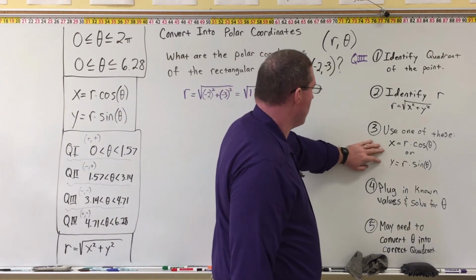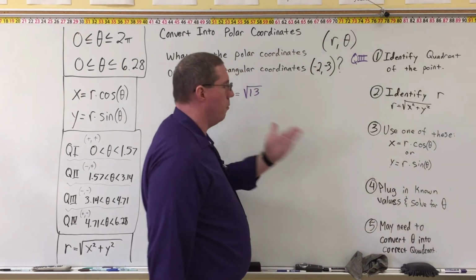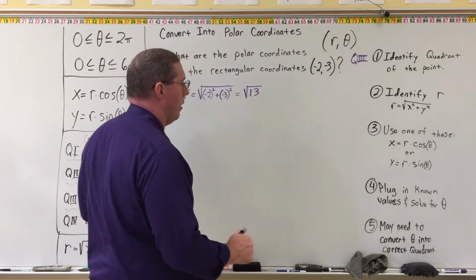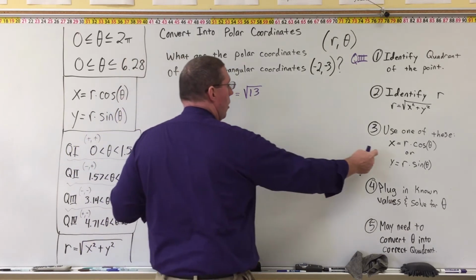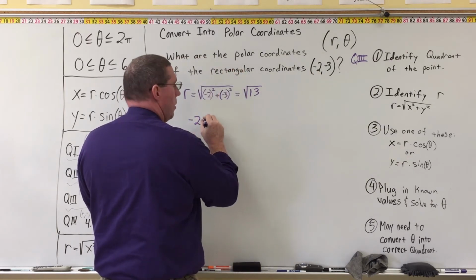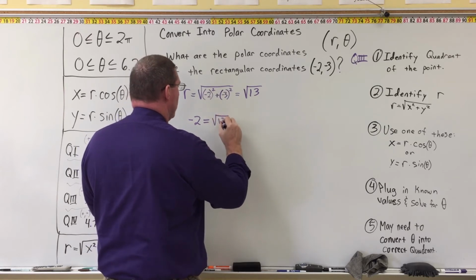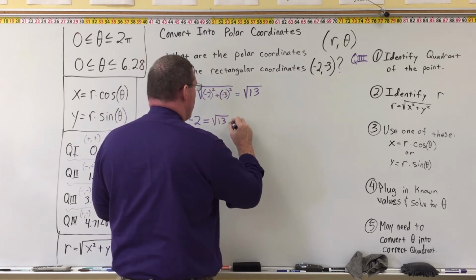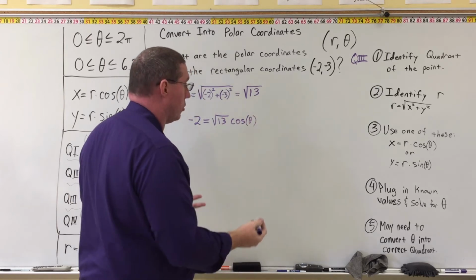Now let's go ahead and use the cosine. I want to use cosine, and then maybe we'll do an example with sine next time. So we're going to plug in our x value, which is -2. So -2 is equal to the radius, which is the square root of 13, times cosine of theta, right? Now we'll just start solving.